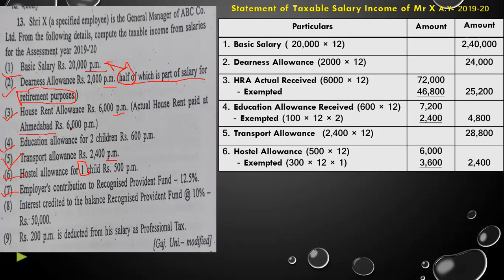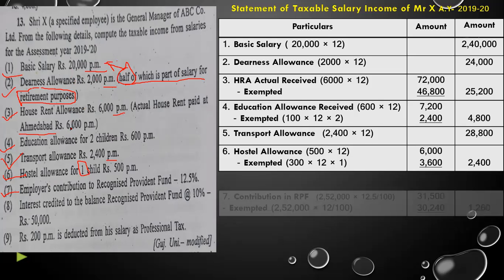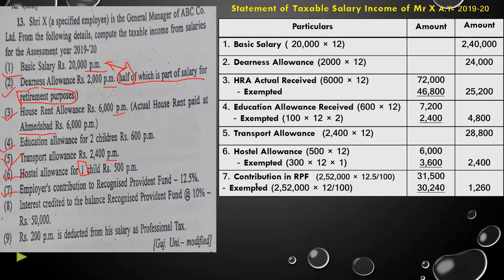So 12,000 will be added into 2,40,000, so it will become 2,52,000. So we'll calculate contribution in RPF: 2,52,000 into 12.5 percentage, that is 31,500. But exempted percentage is 12. So minus exempted is equal to 2,52,000 into 12 by 100, that is 30,240. So we'll get 1,260 taxable.